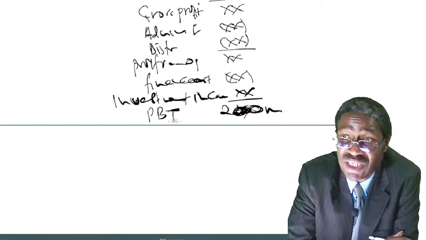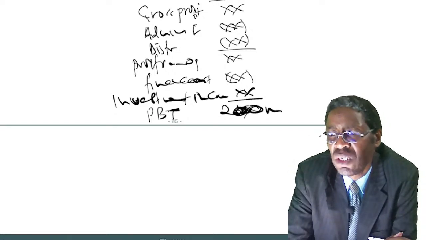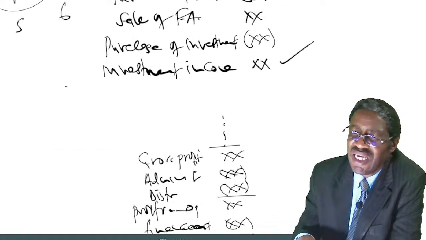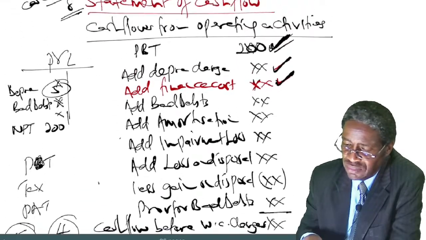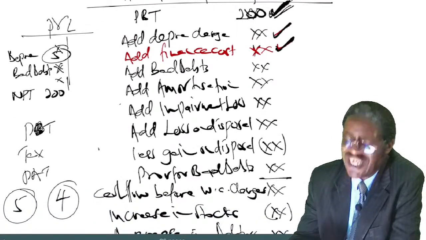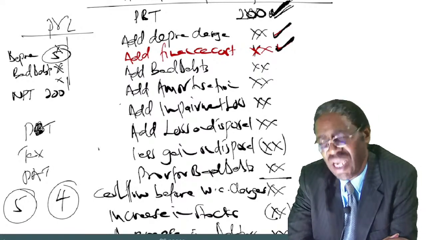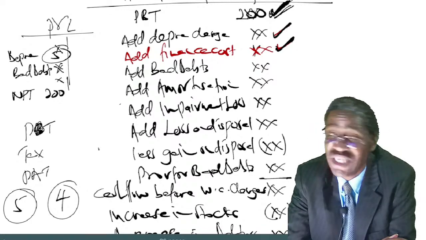This is what I am hoping the student was thinking. When you took this 200 million and you brought it here in your cash flow statement, then you asked yourself, are there non-cash items? Yes. That was used to determine that 200 million. Yes.